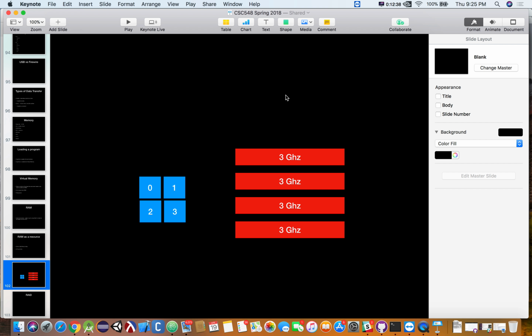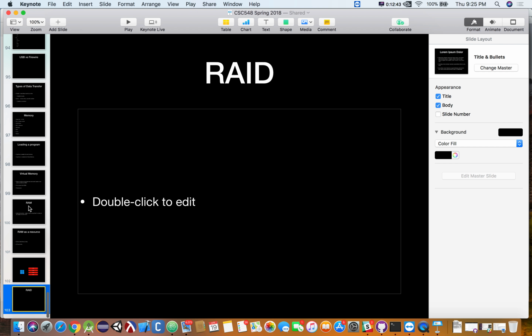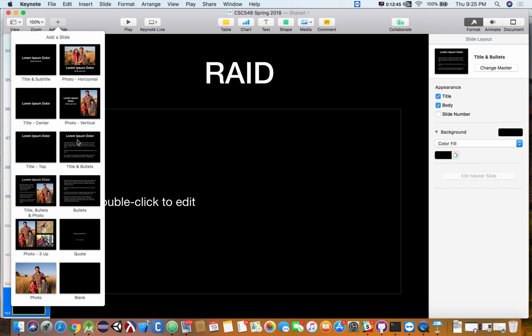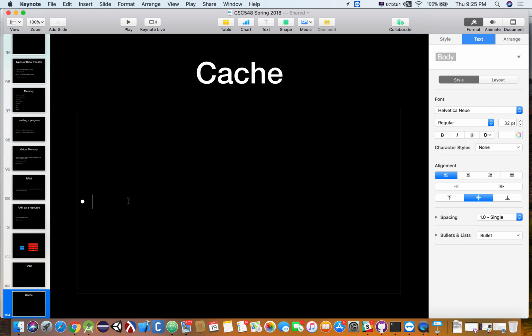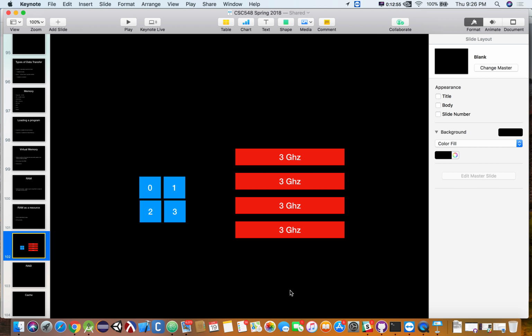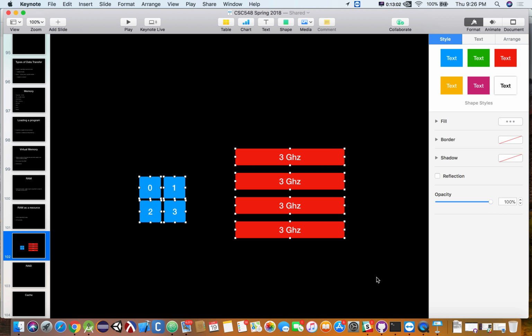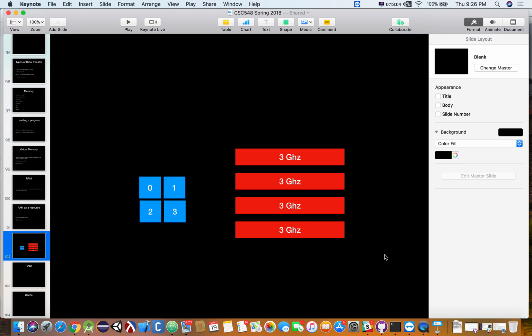Okay, so what's the role of cache memory? If we go back here, even in the most ideal situation, okay, so we've created this perfect computer. Money didn't matter, right? Each core has a dedicated memory bank.